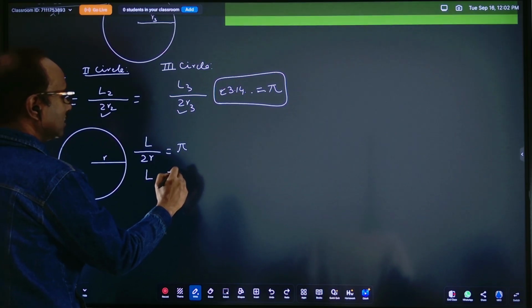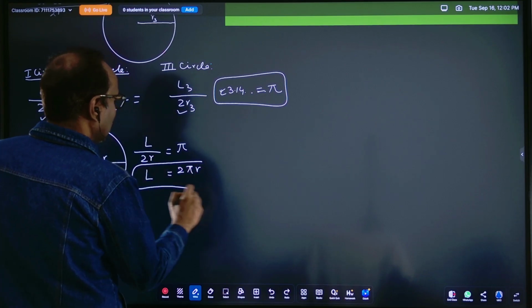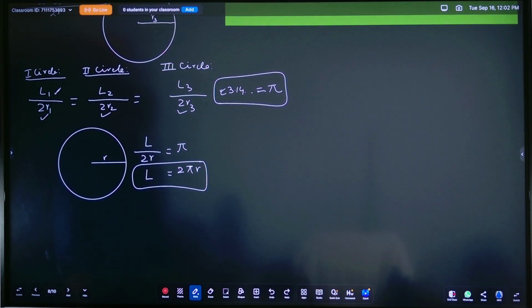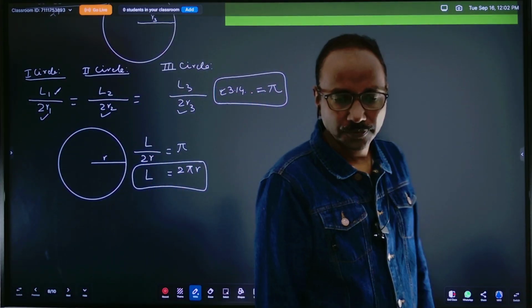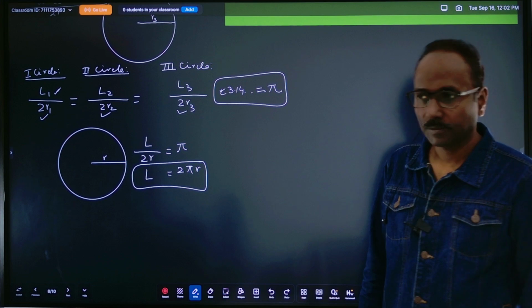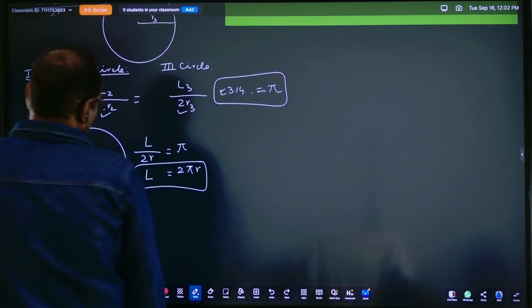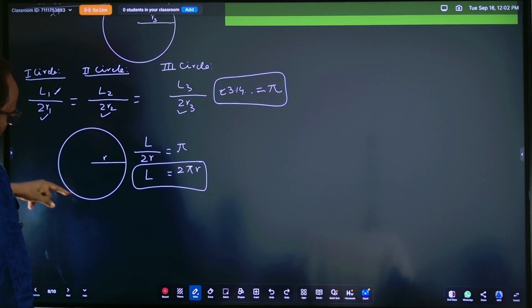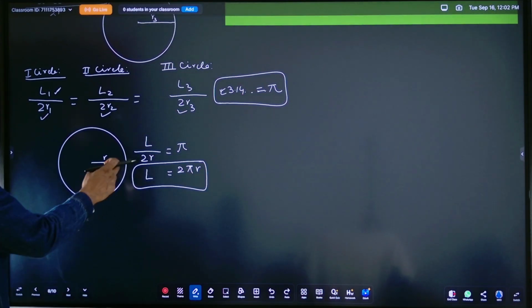So the length of the periphery is 2 pi r. This is the way the periphery length 2 pi r has been obtained in mathematics. So now you know the length of the entire circle periphery is 2 pi r.